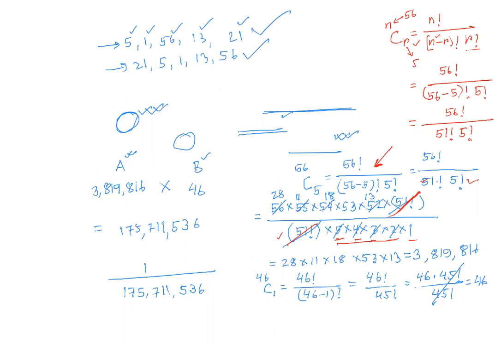If you were to use permutation, you'd be using nPr equal to n factorial divided by n minus r factorial. So depending on, that's why I asked you, you should be asking the question, is it a permutation problem or is it a combination problem? If it is a permutation problem, you'd be using this formula.